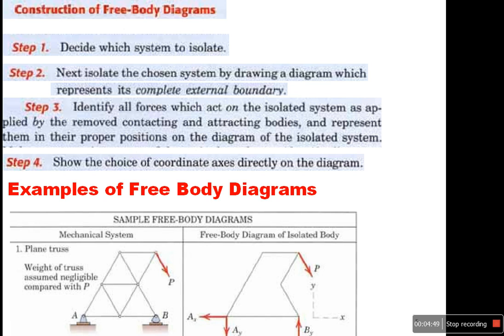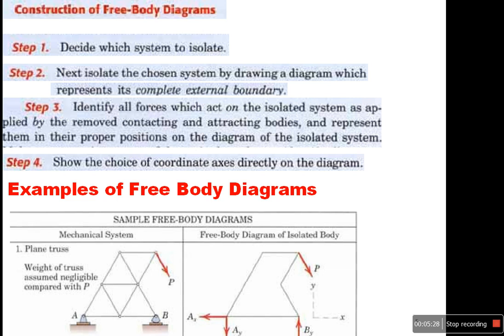That means I will have the external boundary only, regardless of what I have inside this system or the body. Step 3, identify all forces which act on the isolated system. So I need to specify all the forces acting on the isolated body as applied by removed contacting and attracting bodies.